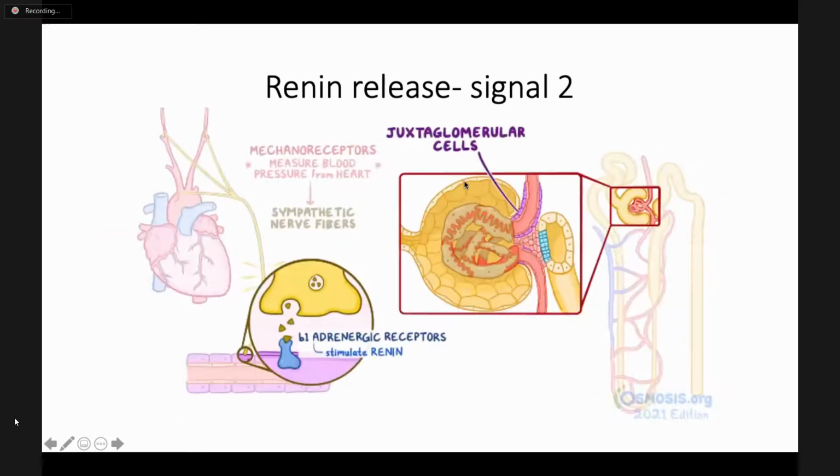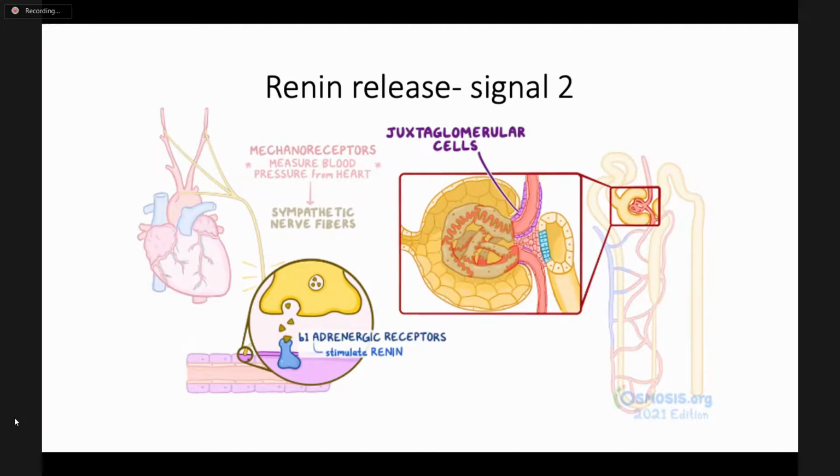How does it stimulate the granular cell? By the presence of beta-1 adrenergic receptor at the JG cell. This beta-1 adrenergic receptor will be stimulated in response to low blood pressure. So renin will be secreted by the JG cell whenever the sympathetic nervous system is activated.